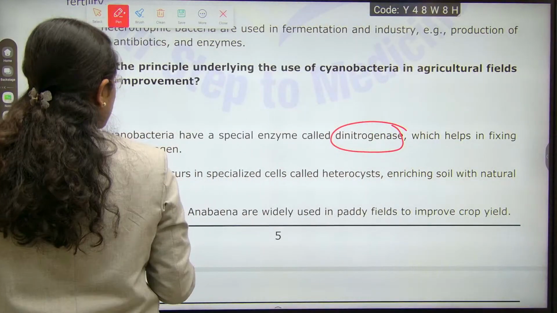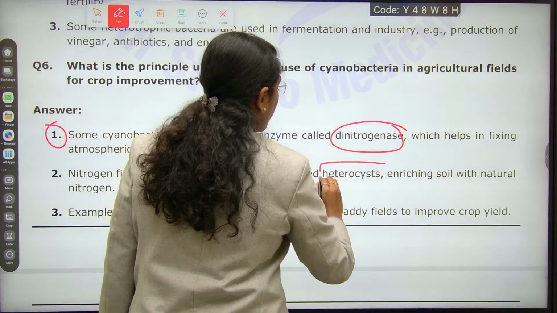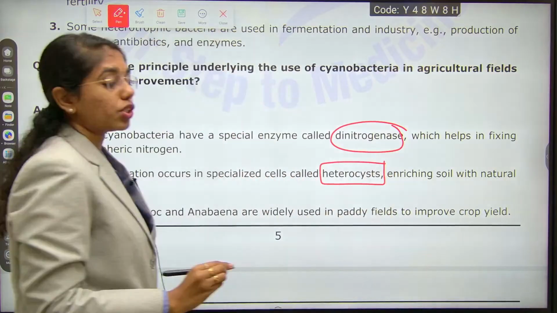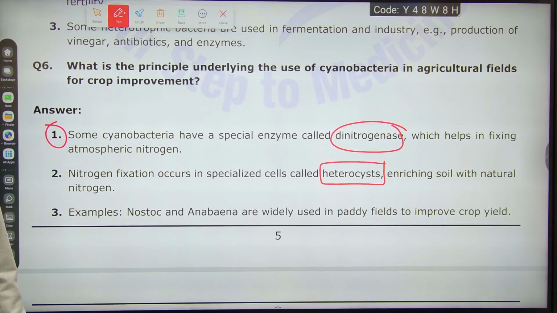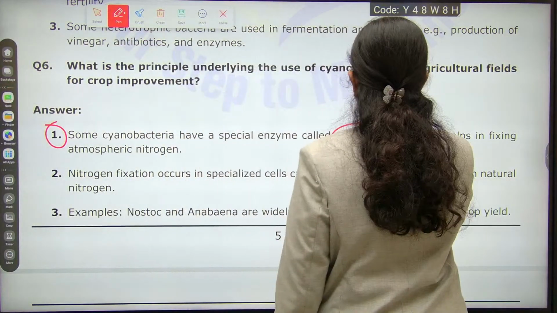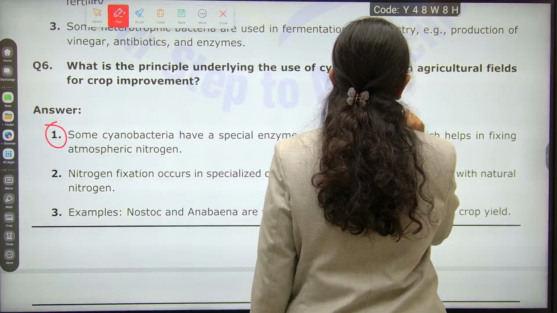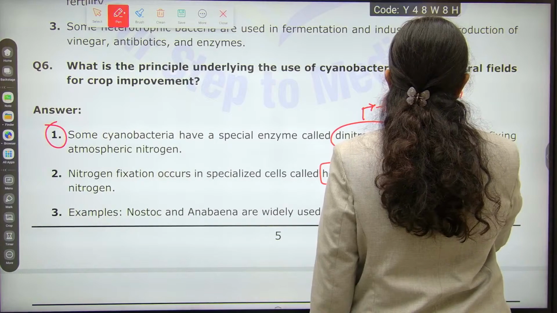Nitrogen fixation occurs in specialized cells. Those specialized cells are heterocysts. These are the specialized cells in which the dinitrogenase enzyme is present, which functions effectively in the absence of oxygen.